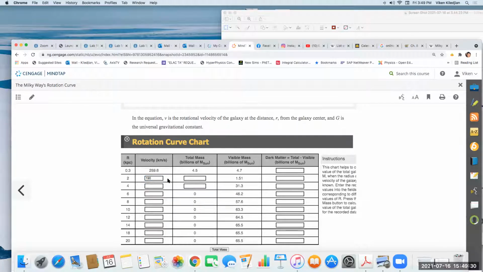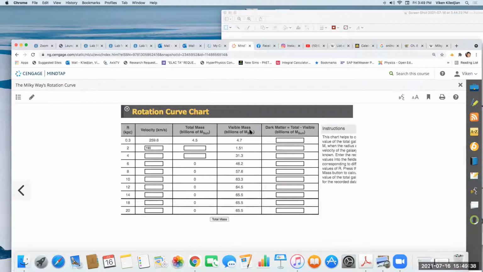Okay. Then total mass, billions of solar masses, and visible mass, billions of solar masses.